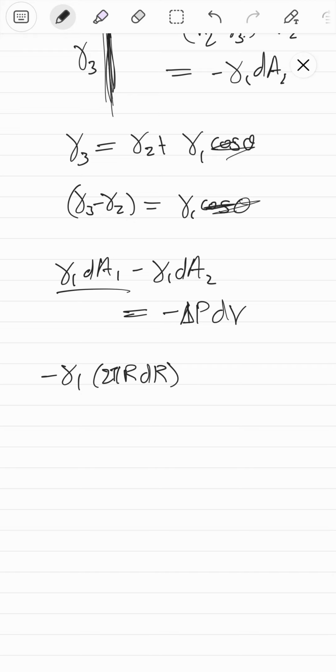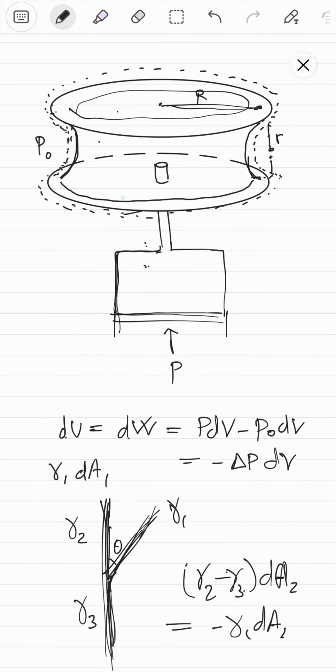And what about this guy, dA1? That's the area of this complete thing. Now that area is approximately 2r times 2 pi r. I know, you might think maybe this is not the area, it's different, it's not scaled up.